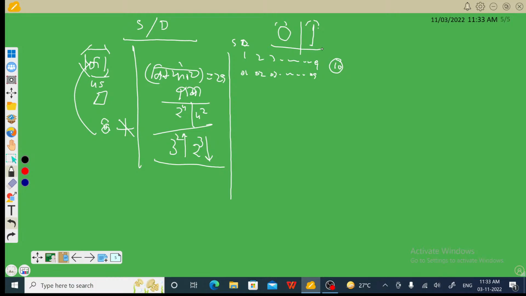So if we have 1, 2, 3, say 9, and we see their factors, it will be 1, 1, 2, for 5 again 1, for 6 again 2, because 3, 2, then 7, 8 will give us again 3, 2 raised to 3, 9 will give us 2, and for 10 again 2. So these 1 to 10 numbers will give us 16 factors.